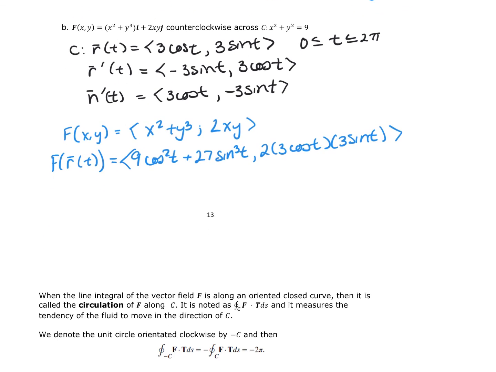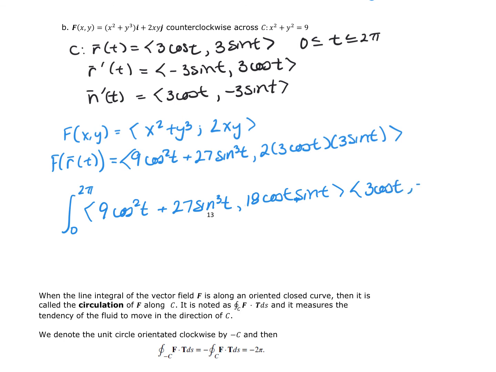So my integration, because it's now in terms of t, is going to go between 0 and 2 pi of the vector 9 cosine squared of t plus 27 sine cubed of t, comma, 2, well, actually, I'll go ahead and do this multiplication. It'll be 2 times 3 times 3, so it's 18 cosine of t, sine of t, dotted with the 3 cosine of t, minus 3 sine of t, dt.